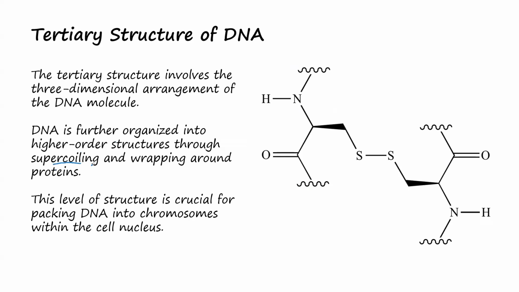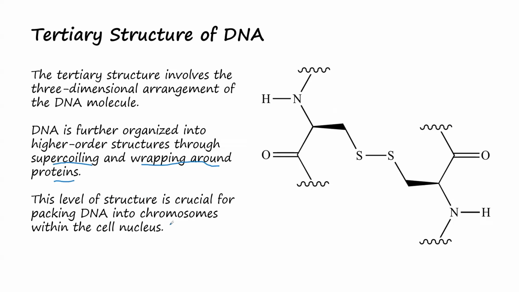The supercoiling and wrapping of the DNA around the histone protein is what leads to the formation of the tertiary structure of DNA. So the three-dimensional structure of the DNA molecules is due to coiling, supercoiling and wrapping around the protein. This level of structure is crucial for packaging DNA into chromosomes within the nucleus.